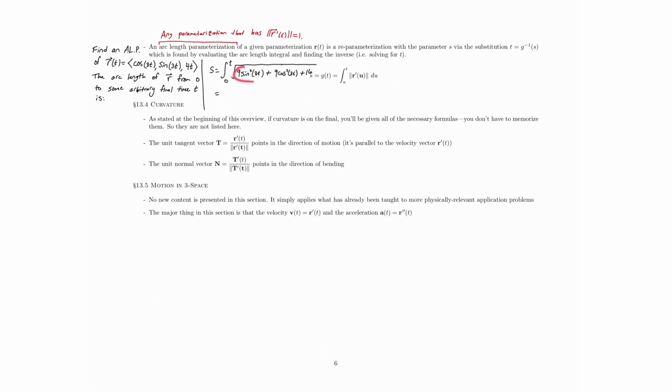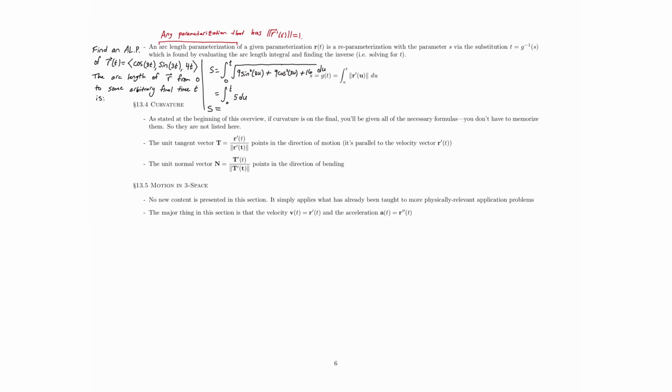We've got the Pythagorean identity here. Oop, and we need a d, excuse me, I should have used u's. I always do that. U, du. There we go. So the inside of this turns into just 9, and then 9 plus 16 is 25. So the square root of that is 5. So this is 5 du.